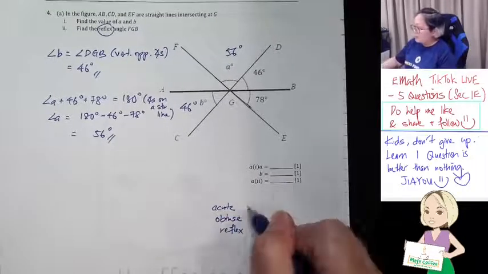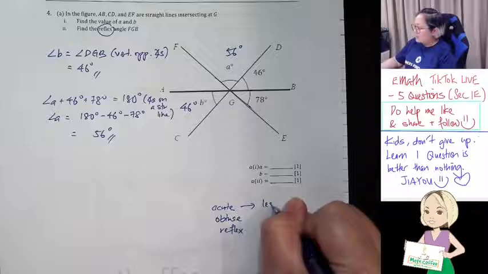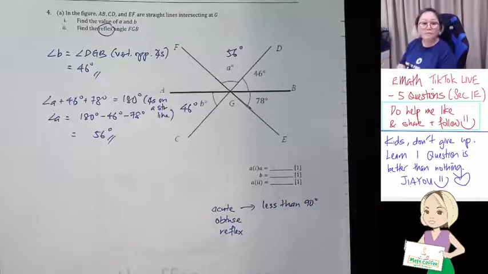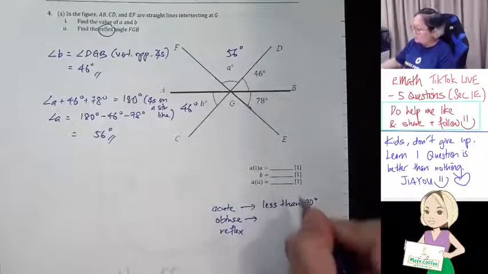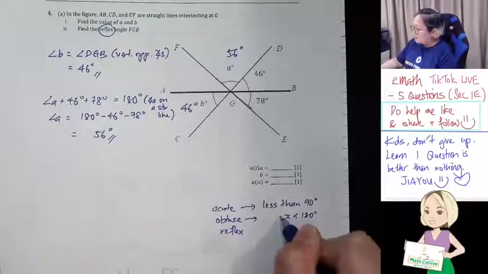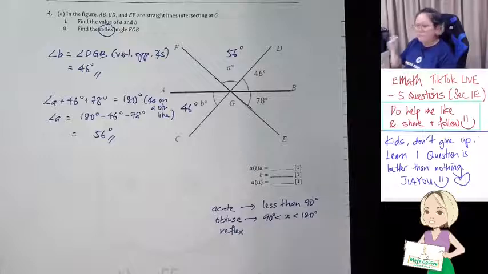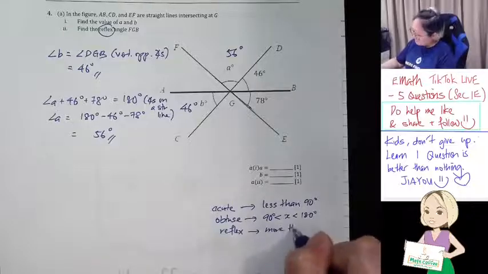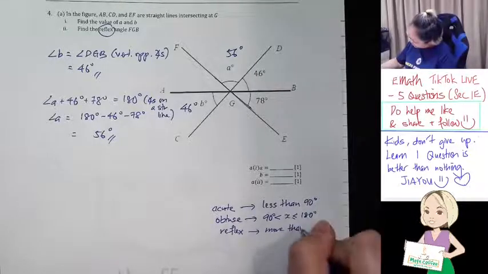Acute angle is less than 90 degree. Obtuse angle is less than 180, more than 90 degree. Reflex is more than 180.